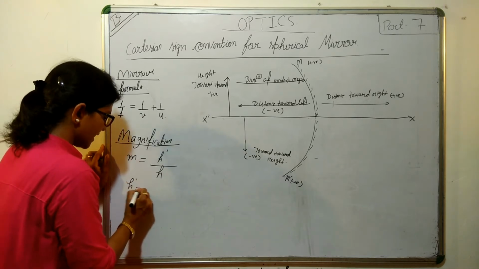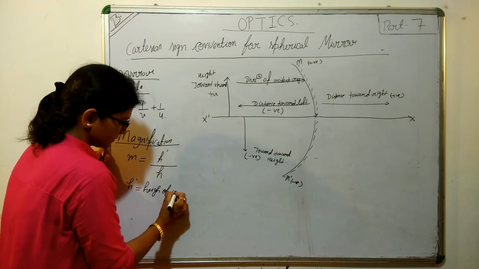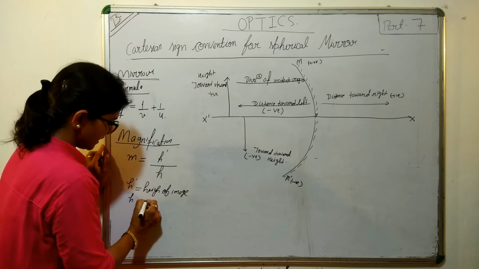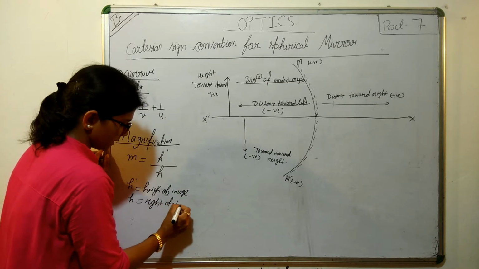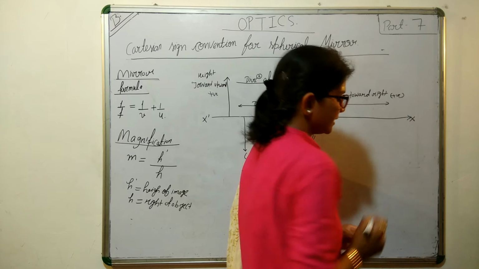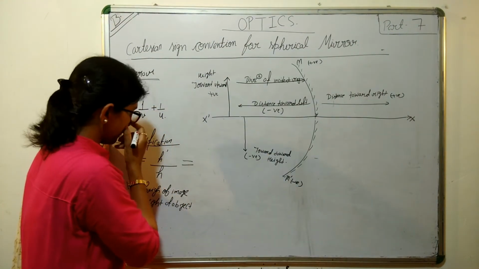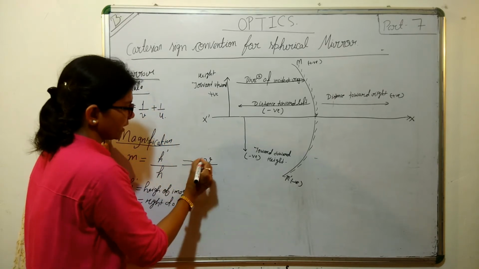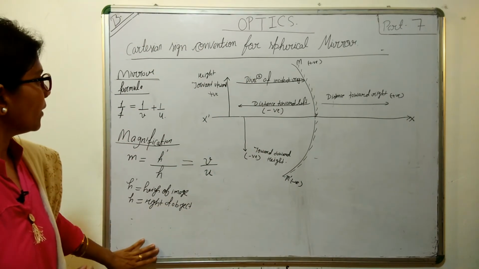So h dash is the height of image and h is the height of object. We can also present it in the form of v and u, which is magnification is equal to v by u.